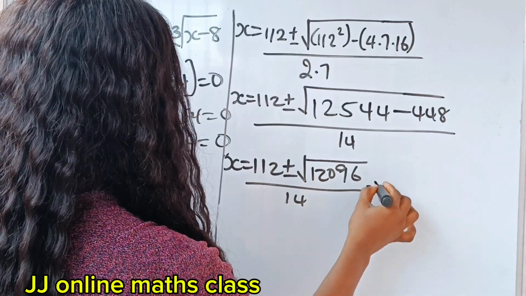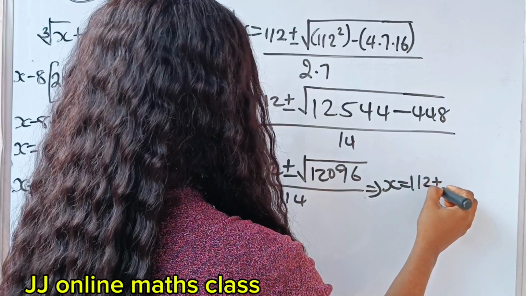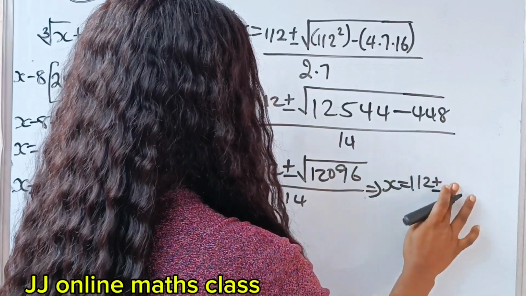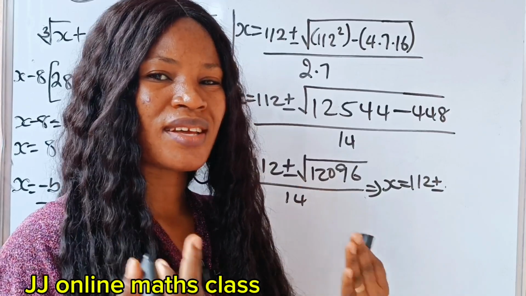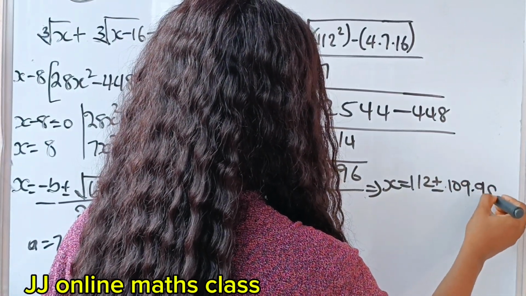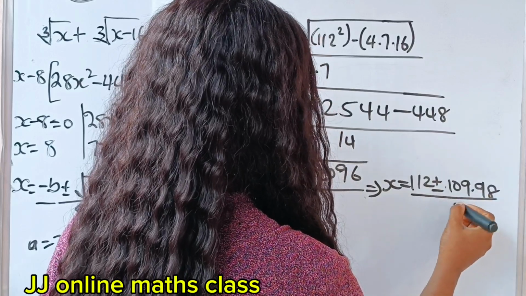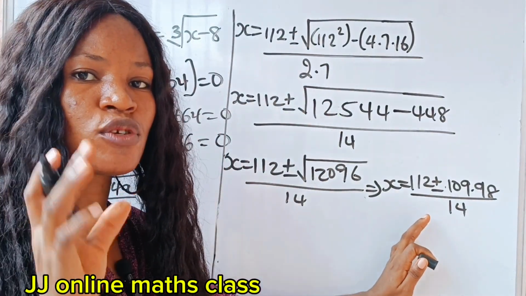So this implies that x is equal to 112 plus or minus square root of 12,096, which gives one close to 110, which is 109.98, divided by 14. So in this place now we have two values of x.